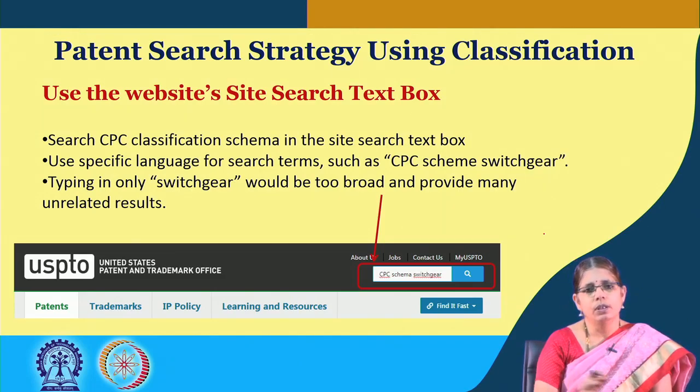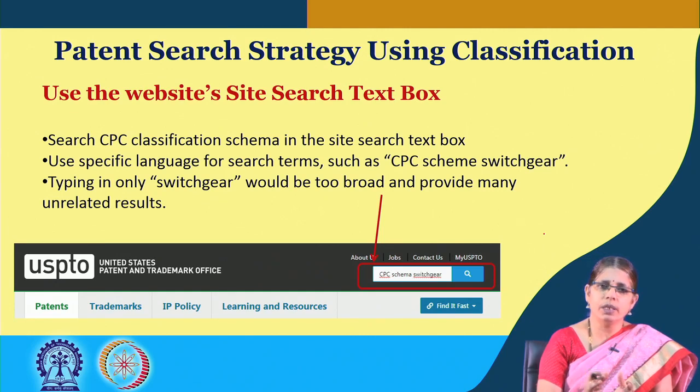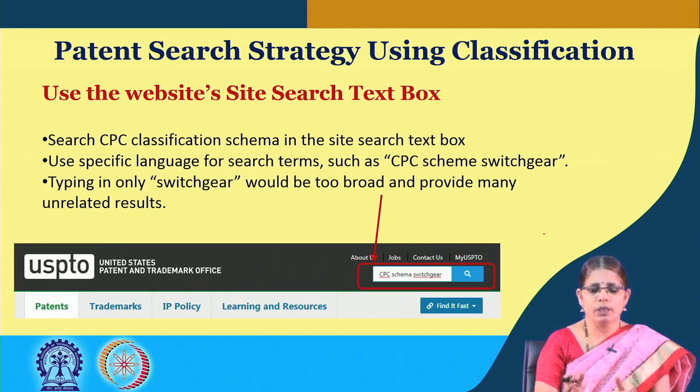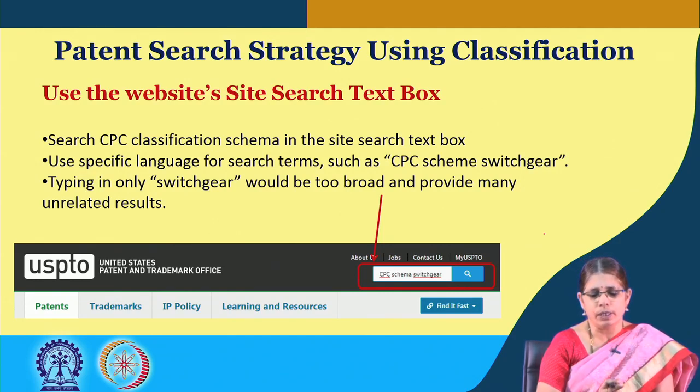So, let us understand further the aspects of the patent search using classification. Since the area is well represented, you can actually have the CPC code or the IPC code and use that code as a beginning point for the search. For instance, in this case, let us look at the CPC classification.